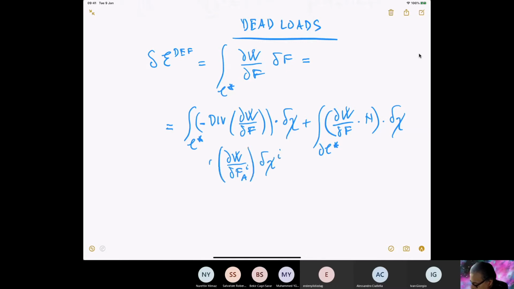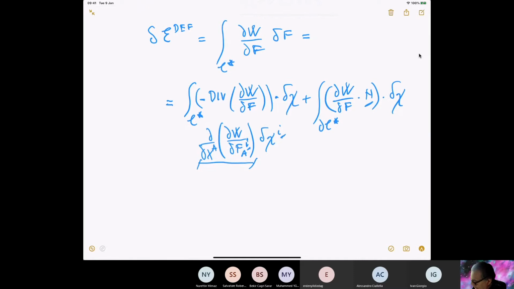And here you have d over dXa. So this is the divergence. And this inner product is Eulerian. So you have the saturation of these two indices. Similarly, here N is Lagrangian, delta chi is Eulerian. So these formulas you can immediately transform into component-wise formulas.